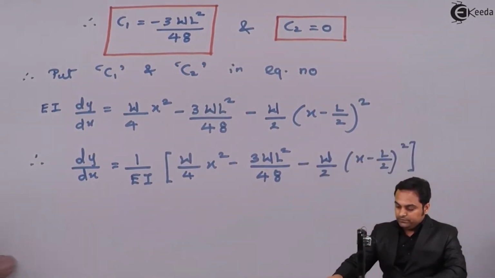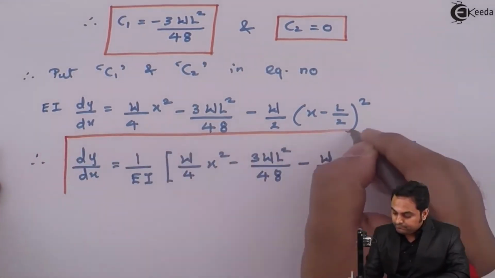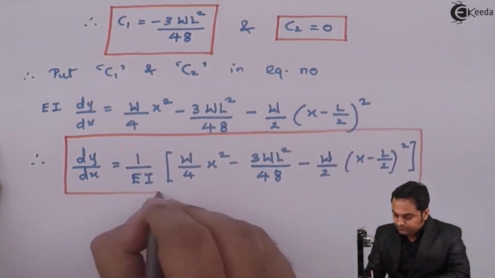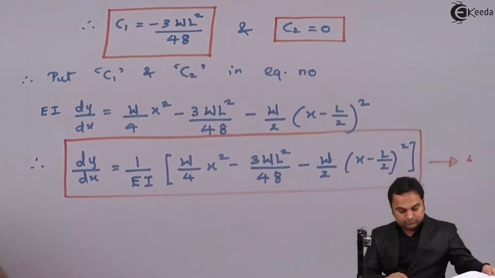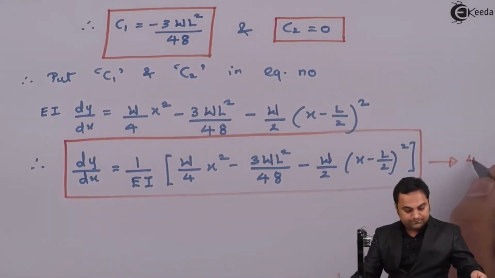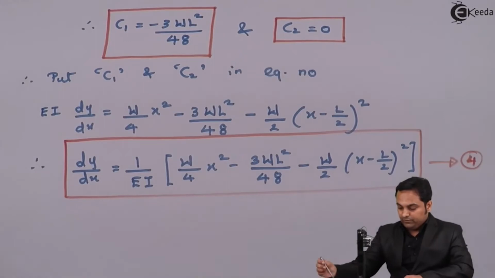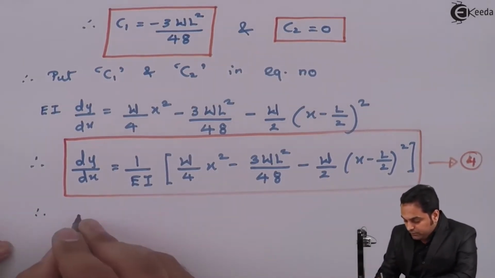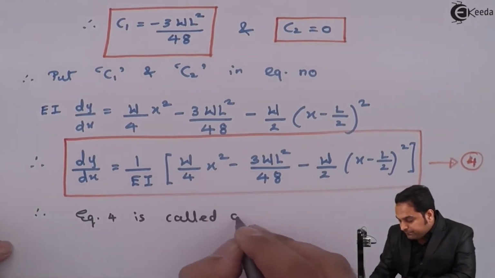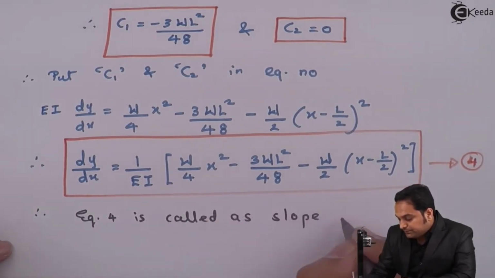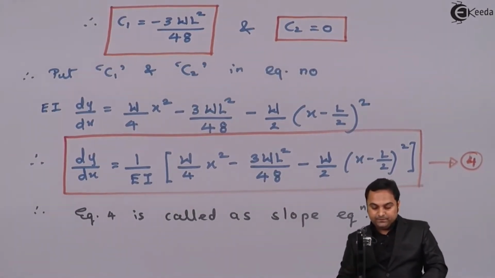Now this equation which I have got, this will be equation number 4 for us. And I'll say that therefore equation 4 is called the slope equation, and using this equation we can find slope at any given point.